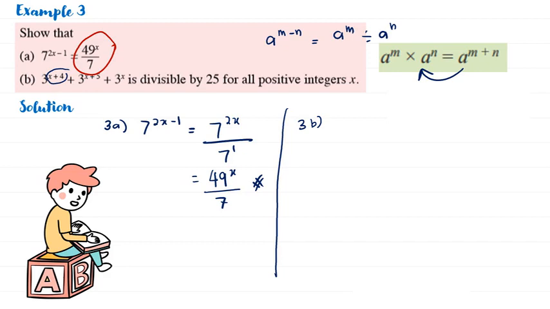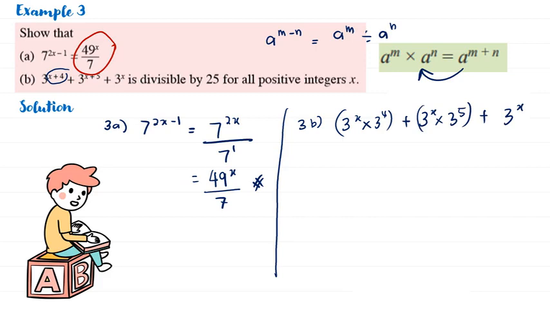So it becomes 3 to the power of x multiplied by 3 to the power of 4, plus 3 to the power of x multiplied by 3 to the power of 5, plus 3 to the power of x.